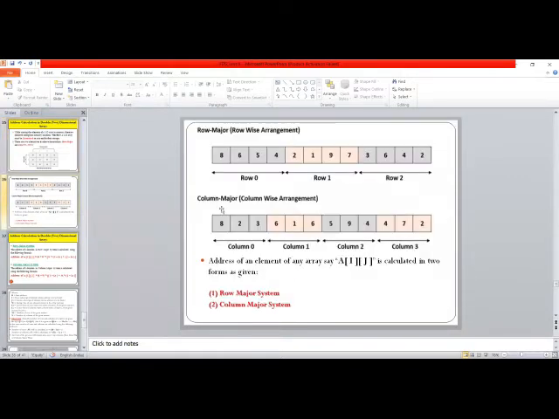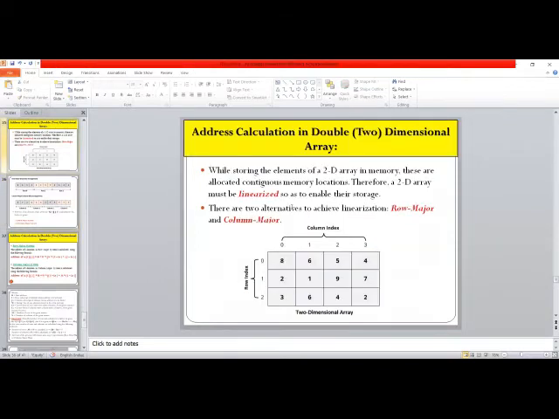In case of column major representation, we are going to store the elements column wise. Now see, there are 4 columns in this particular diagram: column number 0, 1, 2, 3. So the elements will be stored column wise. That means first, the elements of the 0th column will be stored, that is 8, 2 and 3.